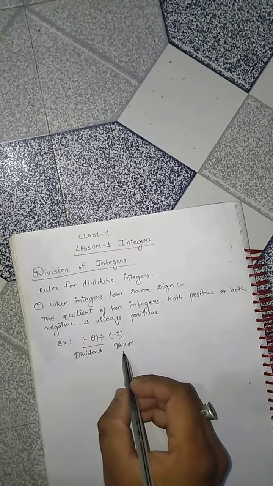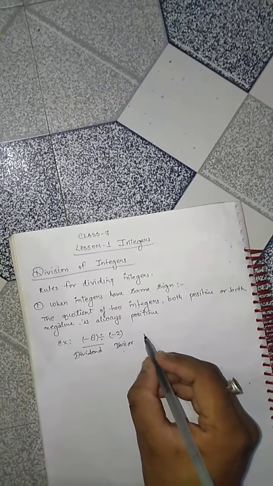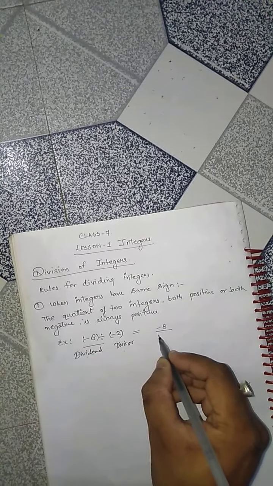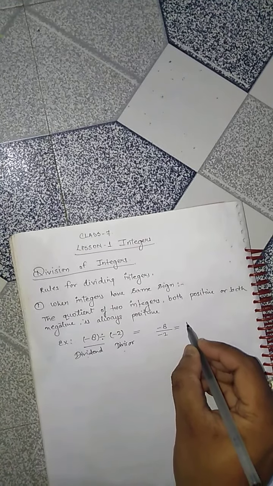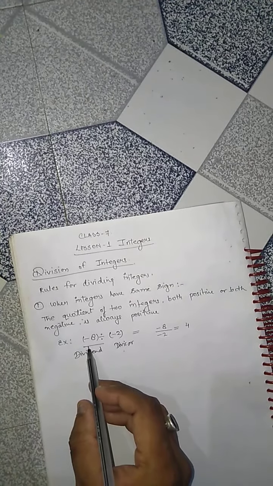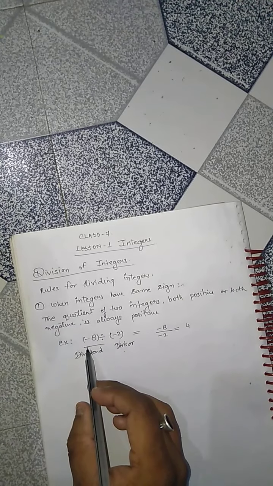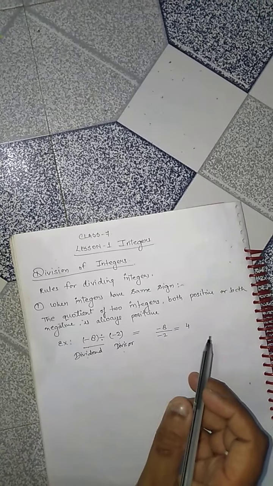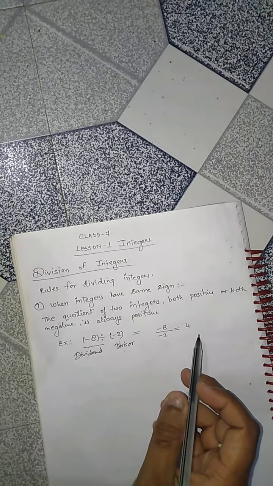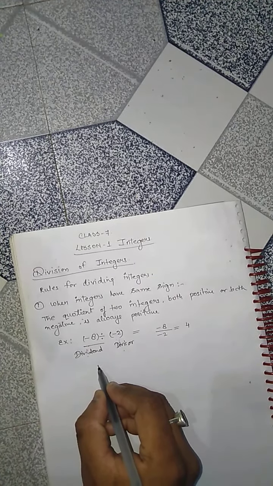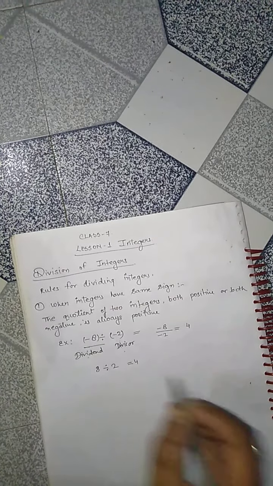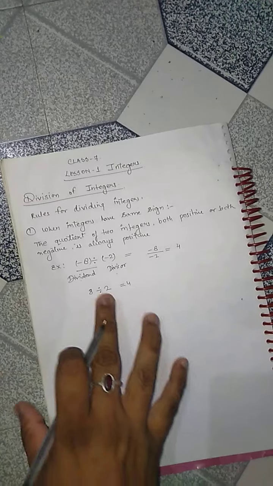Both are negative, so what is the quotient? -8 upon -2 comes 4. If both dividend and divisor have the same sign, then your quotient will come positive, okay. This is your first case.